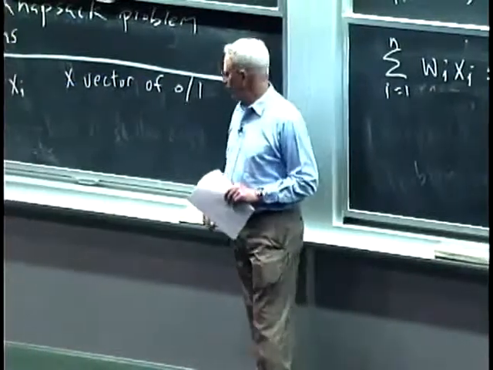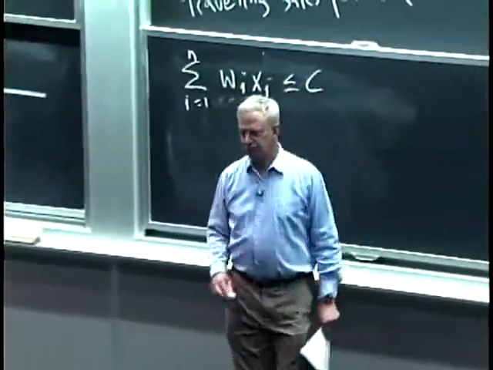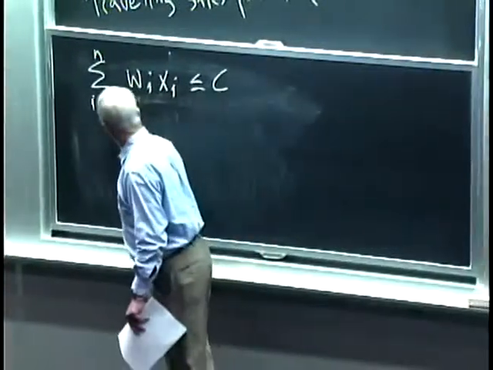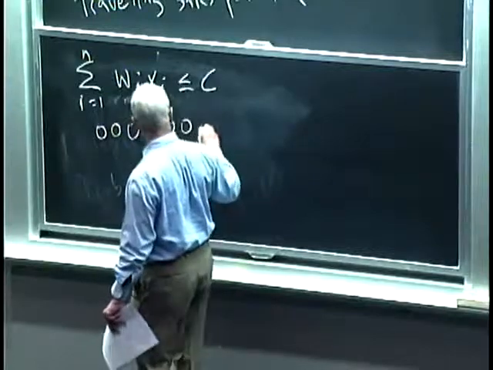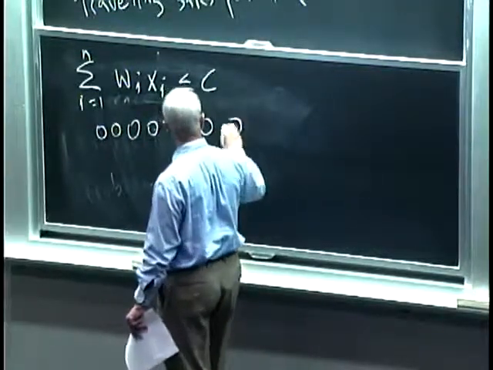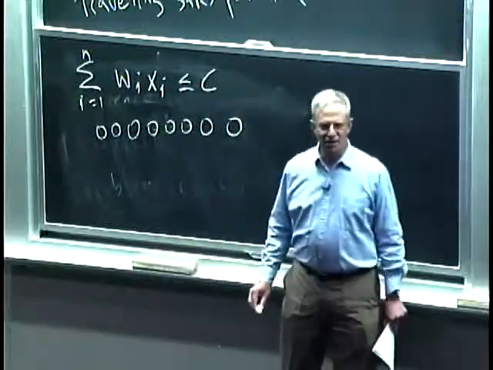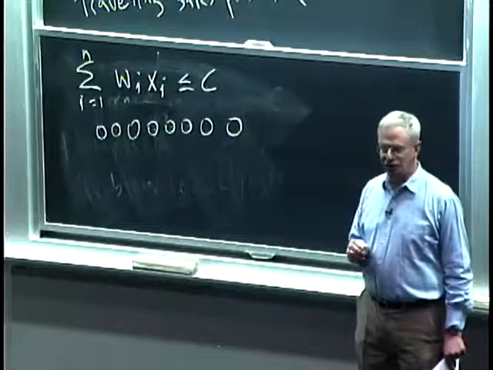Well, a nice way to think about that is to say I've got a vector. So there's the vector with 8 zeros in it, indicating I didn't take any of the items.